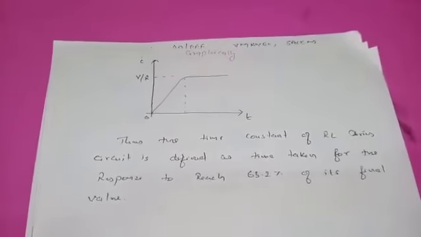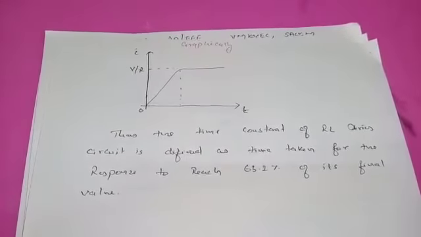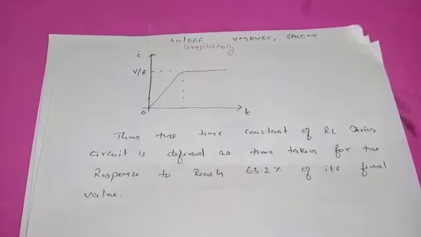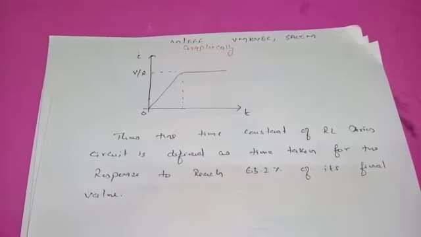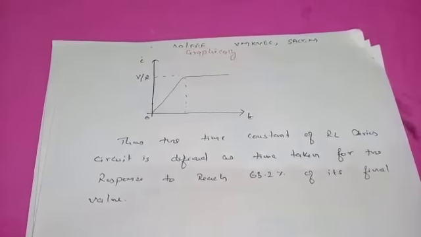So graphically, we could see here the current reaches the steady state at 63.2% of its final value.